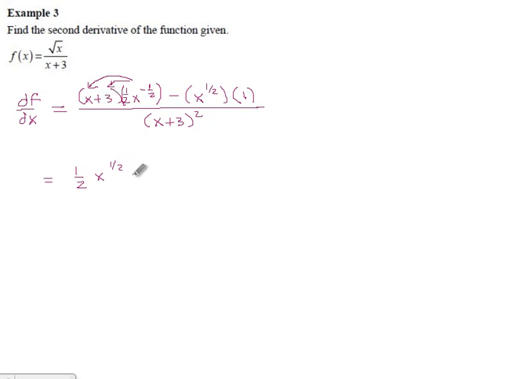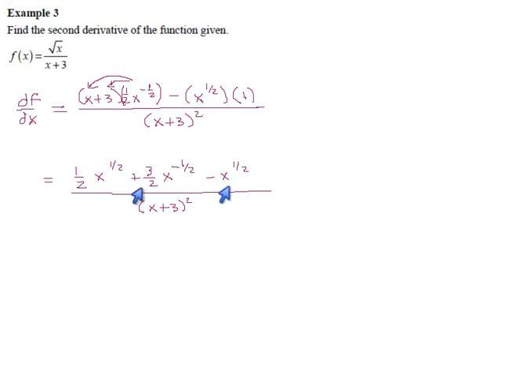And then we get 3 over 2 x to the minus 1/2. And then we have minus x to the 1/2, all over x plus 3 squared.